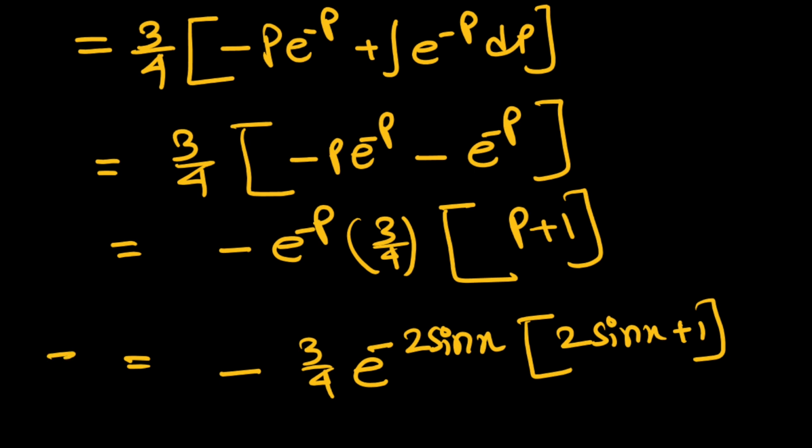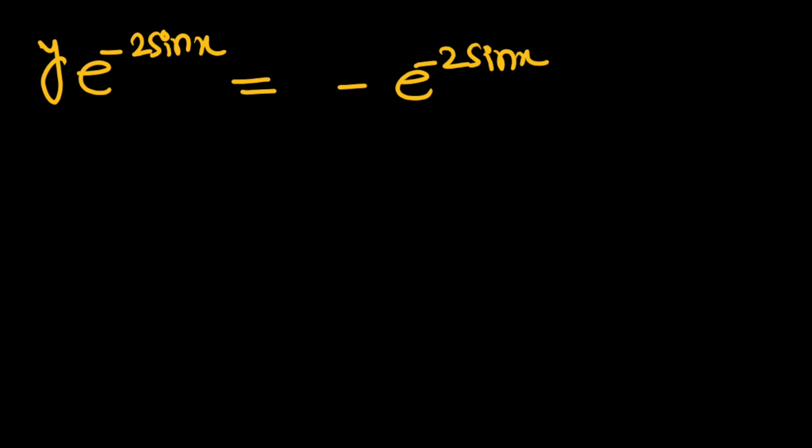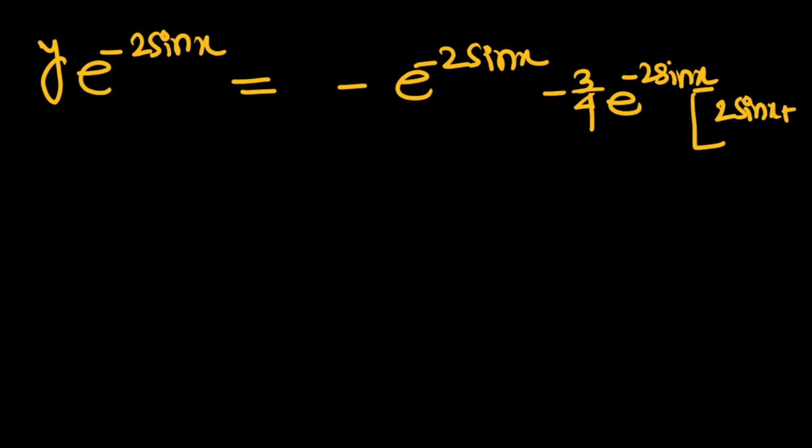Now we substitute the values of I1 and I2 here. So the solution is y e to the power minus 2 sin x is equal to I1, that is minus e to the power minus 2 sin x, and I2, that is minus 3 over 4 e to the power minus 2 sin x multiplied by 2 sin x plus 1, plus some constant c.